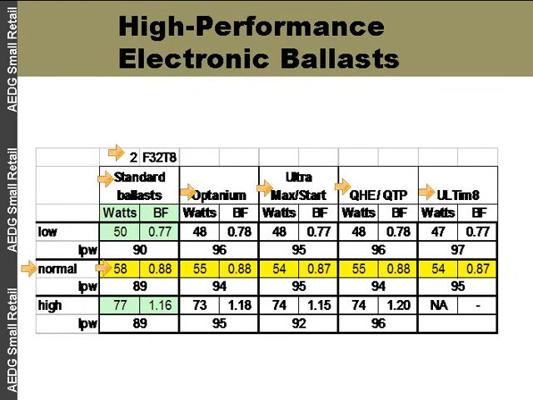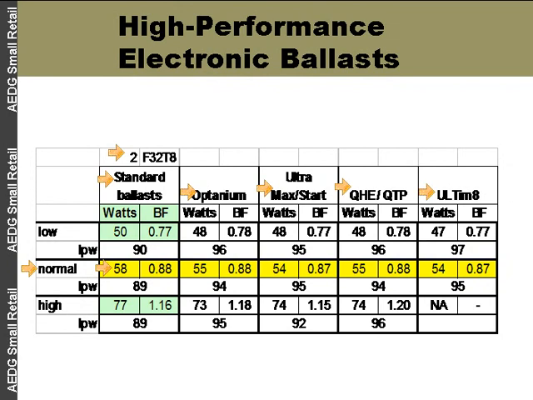It slightly varies whether I'm running 120 volts or 277 volts. It might actually jump up a watt if I'm running 120 volts versus 277 volts. But that would happen both in the standard electronic ballast and in the high-performance electronic ballast. So we're getting about 3 to 4 watts savings. Doesn't sound like a lot, but when you've got hundreds of them, those 3 to 4 watts add up pretty darn quick.